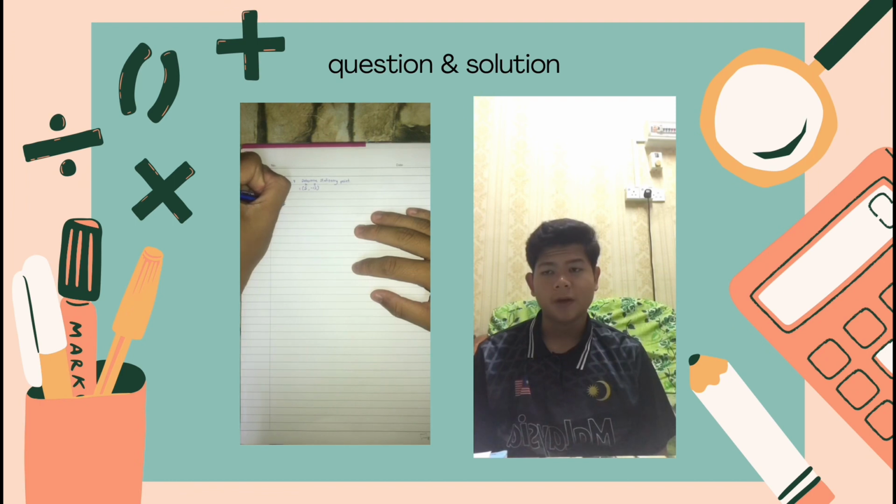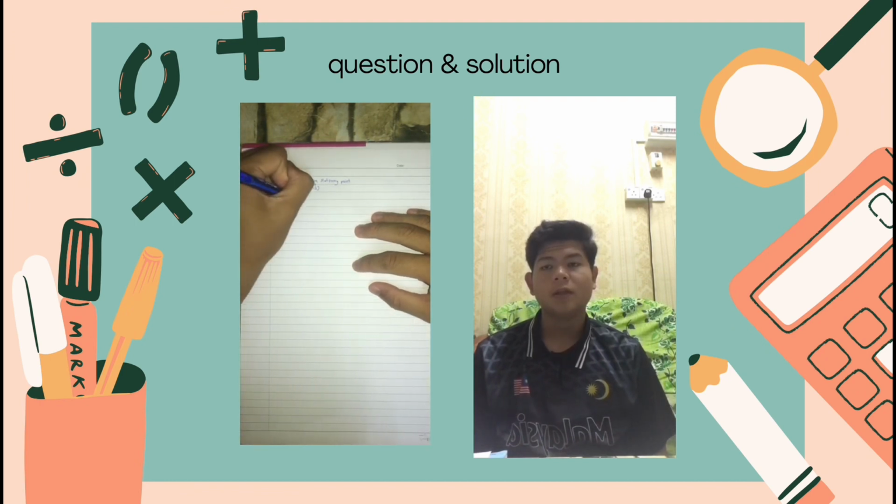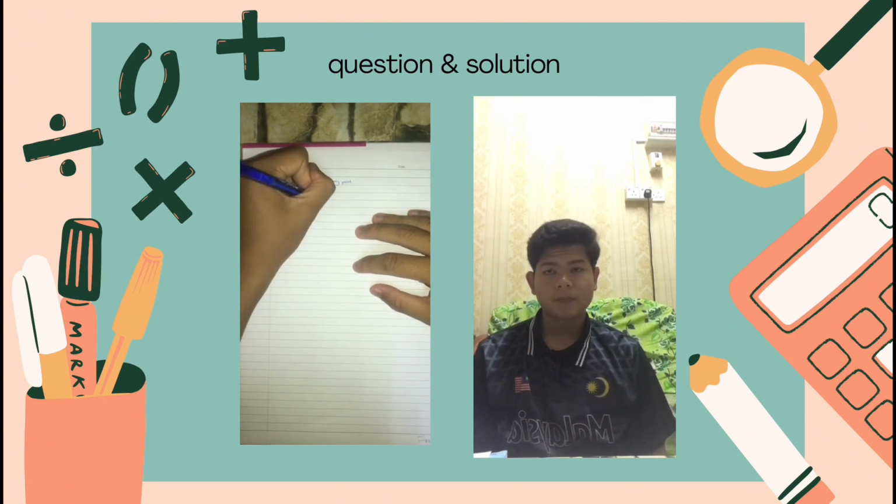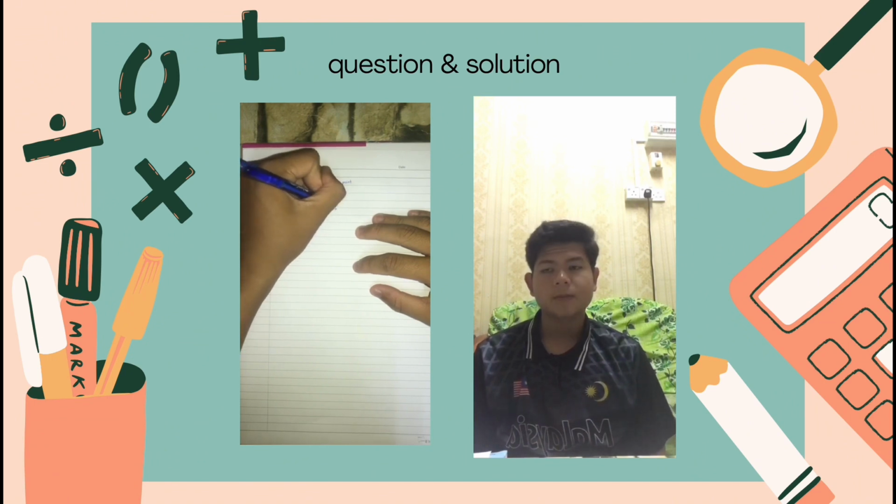Next, step 5. Use the second derivative, d squared y over dx squared, to find what type of stationary point it is.